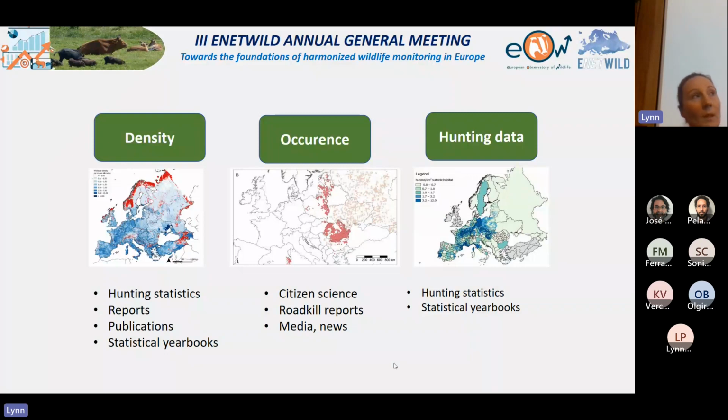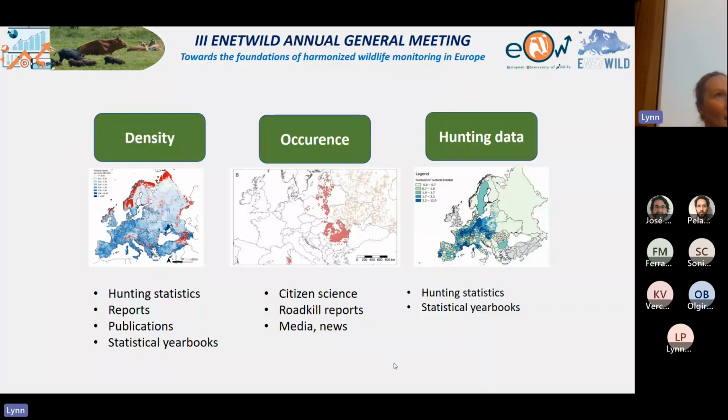But for some countries, roadkill reports or media news also give us information for which we could get exact coordinates. For hunting data, we were basically using the hunting statistics.